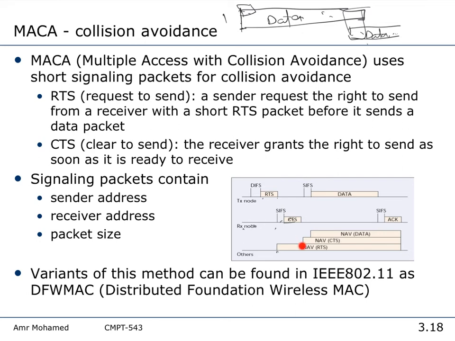The nodes that listen to CTS will also go into NAV. That's why there is NAV RTS and NAV CTS, and that may not include 100% of the nodes. That's why this whole procedure tries to avoid collision, but it never eliminates collision completely. Only reservation eliminates it, and as we have seen, only part of the time, not 100% of the time.